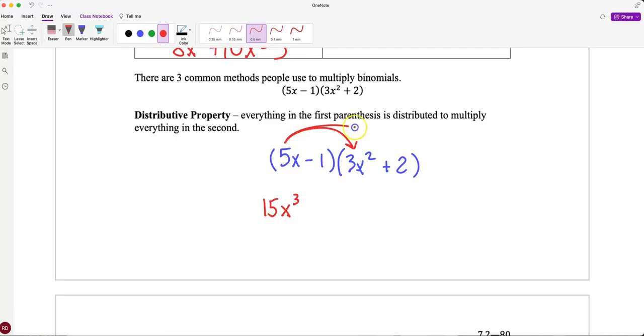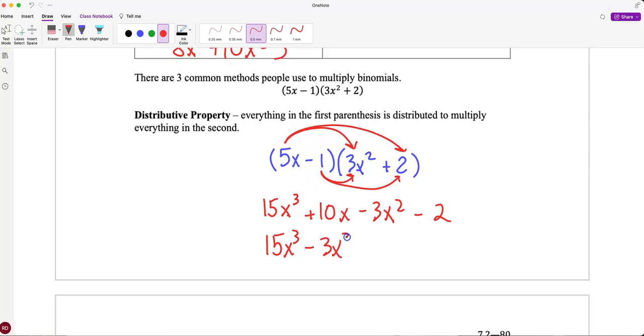The 5x has to multiply by the 2, and that gives me 10x. Then the negative 1 has to multiply by the 3x squared, and the negative 1 has to multiply by the 2. In standard form, this is 15x cubed minus 3x squared plus 10x minus 2.